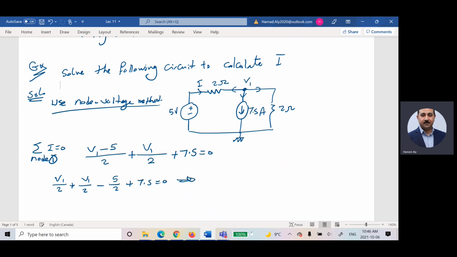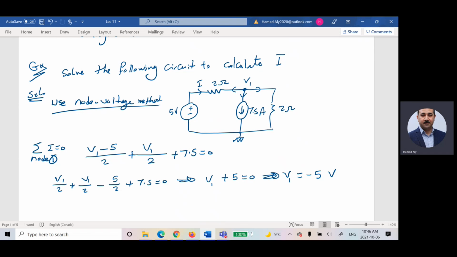Based on that, I can say 2V1 over 2, which is V1. And I have here negative 5 over 2. It is 2.5 with a negative sign plus 7.5. It will be 5 with a positive sign. Based on that, I can say V1 is equal to negative 5 volts.